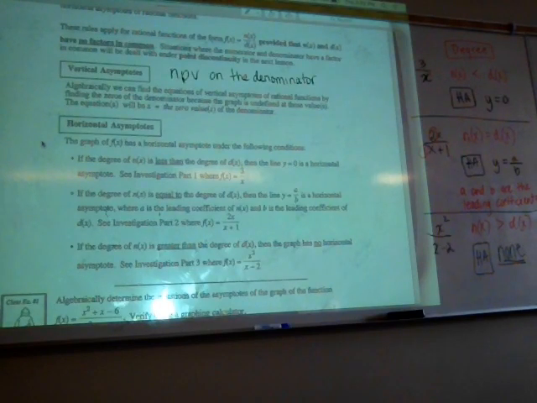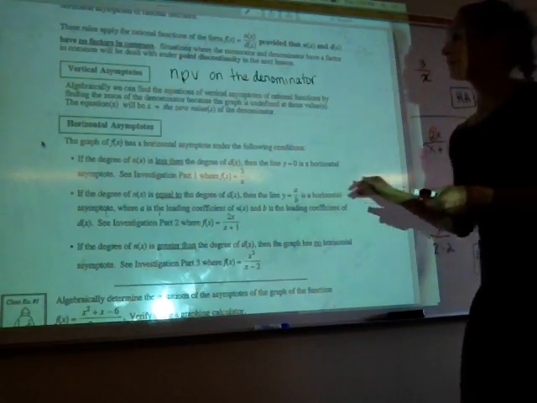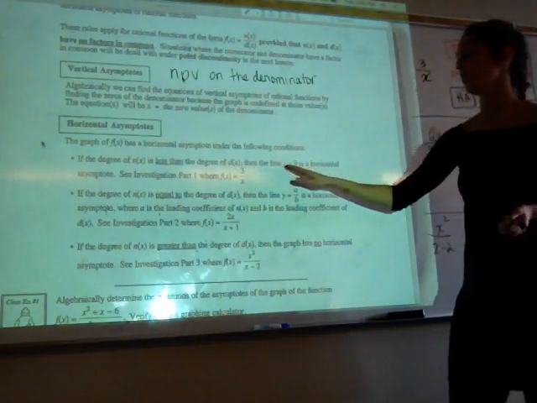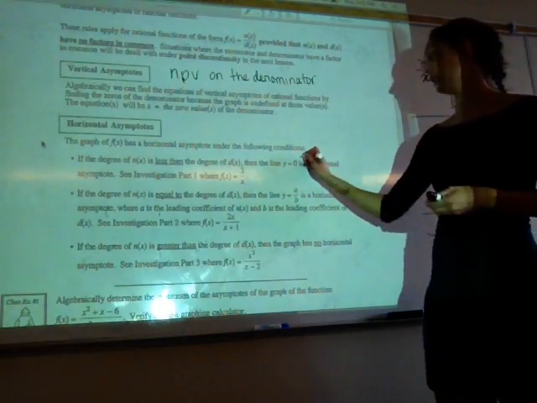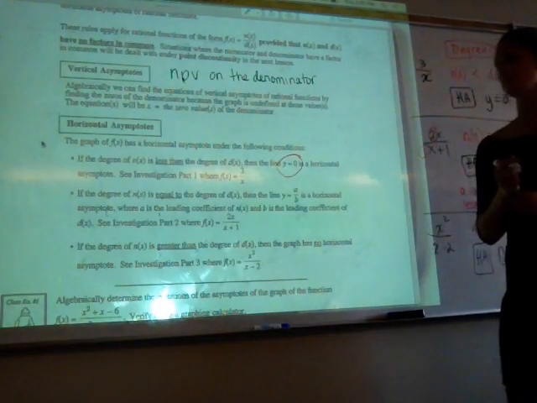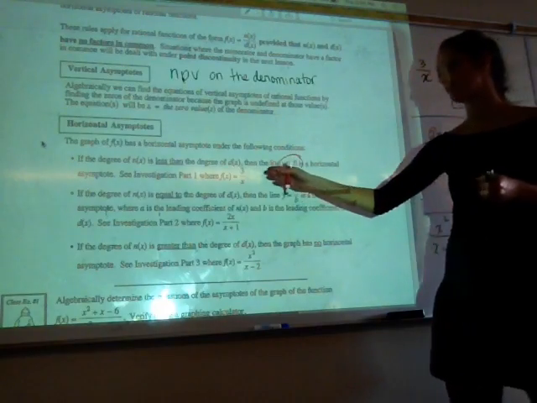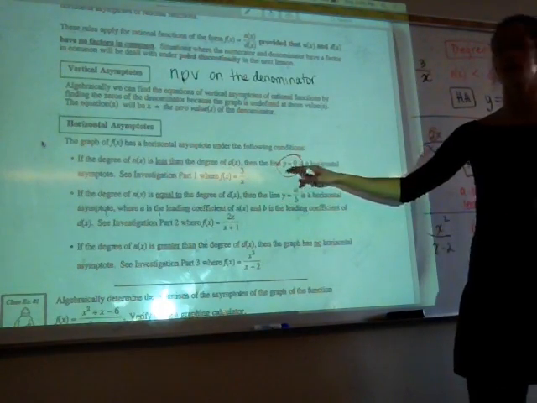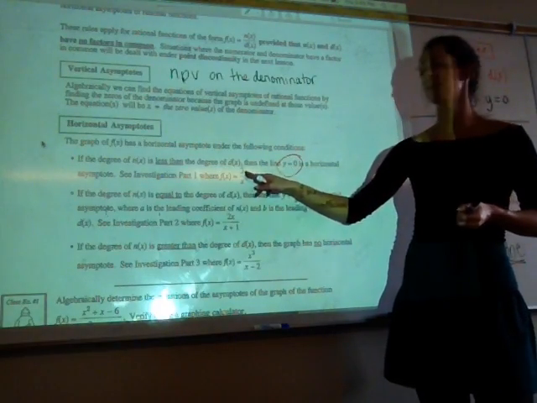Okay, and the horizontal asymptotes, we came up with 3 rules. So just to summarize those, if the degree of the numerator is less than the degree of the denominator, then we have a horizontal asymptote at y equals 0. Okay, for example, when we looked at 3 over x, our horizontal asymptote was y equals 0. Degree of numerator was smaller.